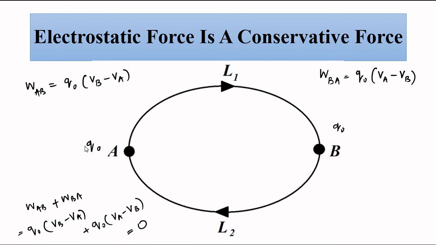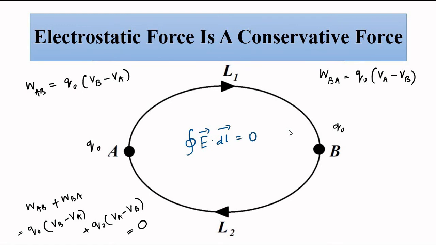So this proves that the work done in moving a test charge from one point to the other and again back to the same point, that is when the initial and final point are the same, then the net work done in moving the test charge is 0. Here we can also conclude it in a different way: the line integration of an electrostatic field around a closed path is 0.